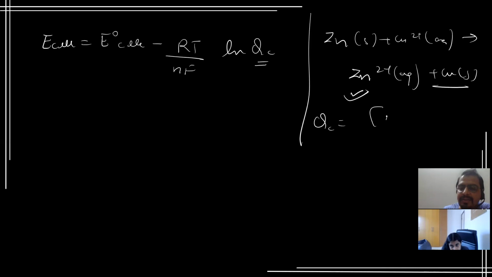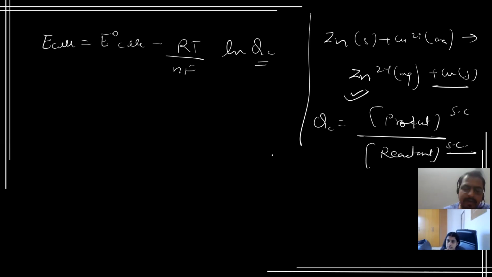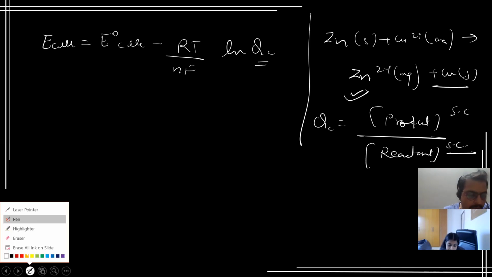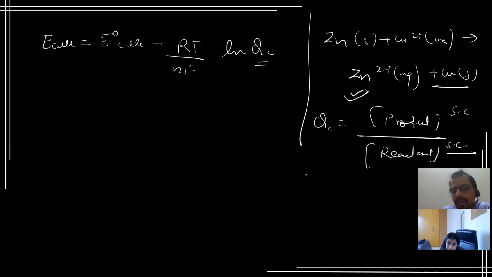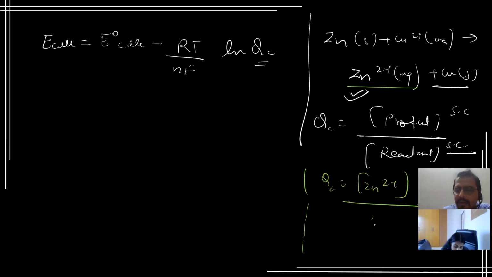QC is the concentration of product upon the concentration of reactant raised to the power of their stoichiometric coefficient. That is what you have read? Yeah. So in QC, the product is zinc 2 plus, because solids we never consider, and the reactant will be copper 2 plus. Ionic forms will be taken in the numerator and denominator.